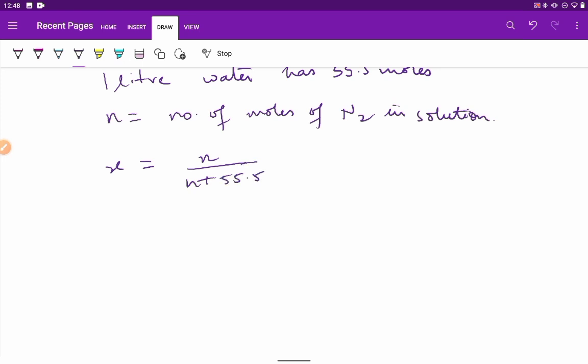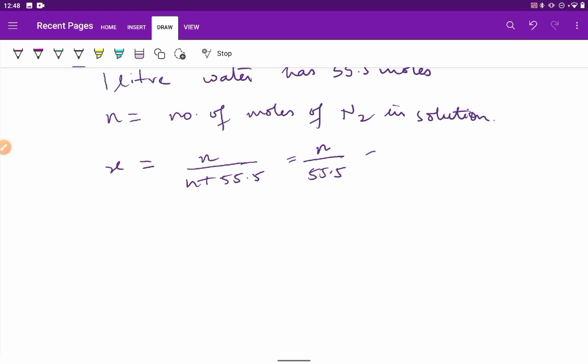N is very less compared to the number of moles of water, so it can be neglected. So X is equal to N by 55.5.